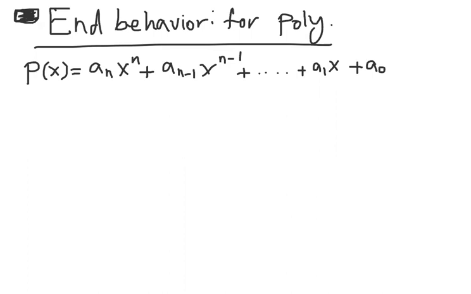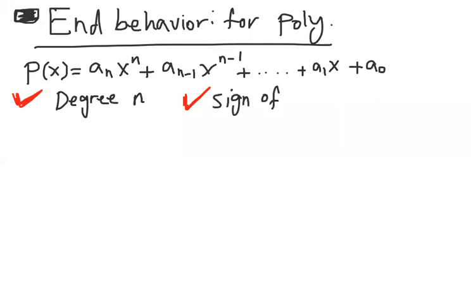By using two things, the degree of the polynomial, n, and the sign of the leading coefficient, a_n, positive or negative, I can determine the end behavior for the polynomial.